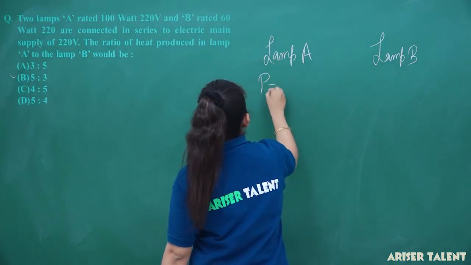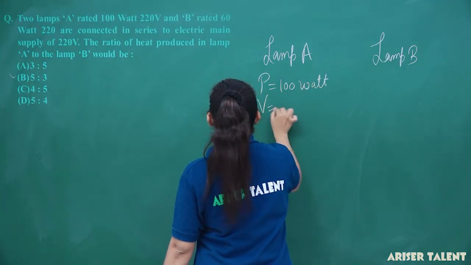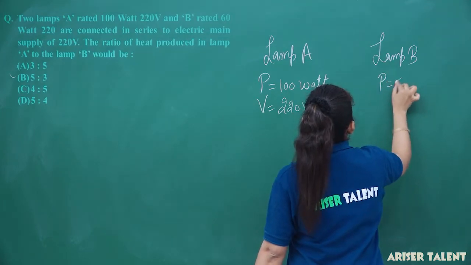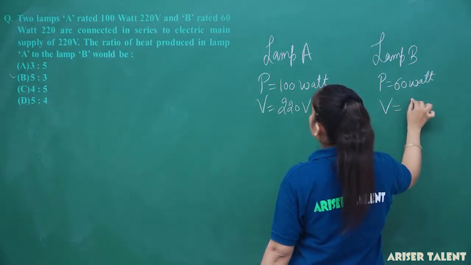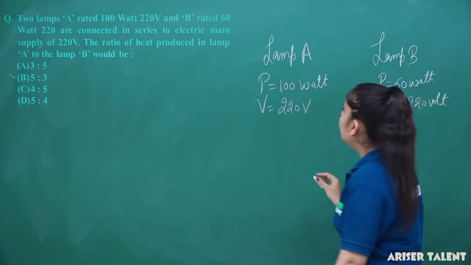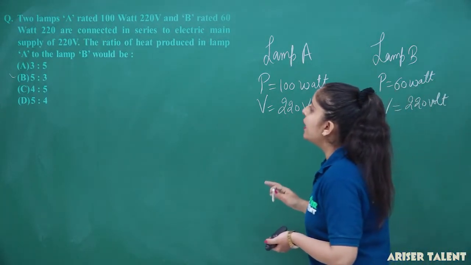Power 100 watt and voltage 220 volt. Here power 60 watt and voltage 220 volt. Now, you have to determine the heat produced in lamp A and B.